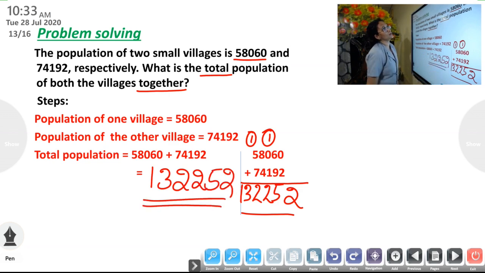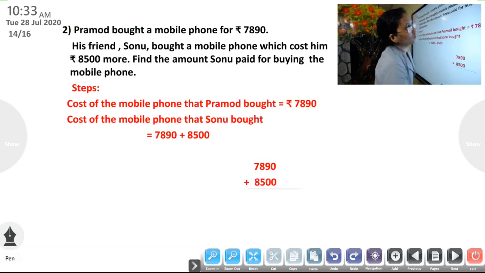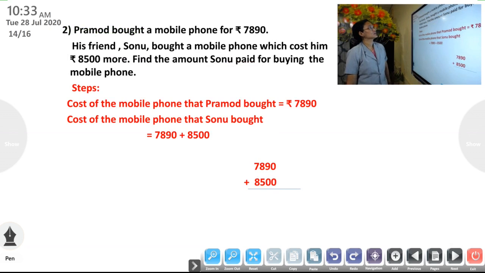So the total population of the two villages is 1,32,252. I think you got it, how to write the steps. Without steps, you will not get marks for problem solving. So the answer is 1,32,252.